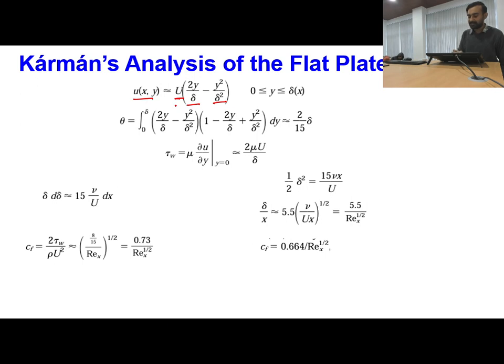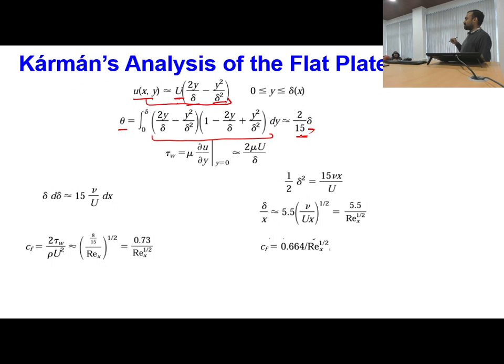This is nothing but the parabolic variation of the velocity profile within the laminar boundary layer region. Now I have substituted this parabolic velocity profile into the formulation of momentum thickness, and from here I find that momentum thickness is nothing but 2 by 15 times delta. Is this point clear?